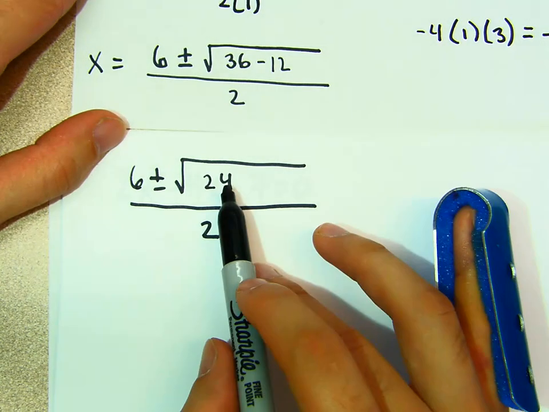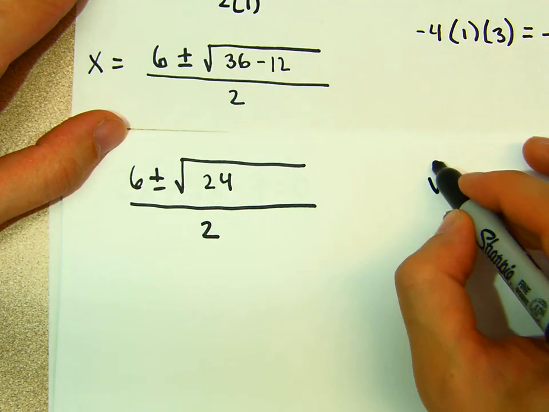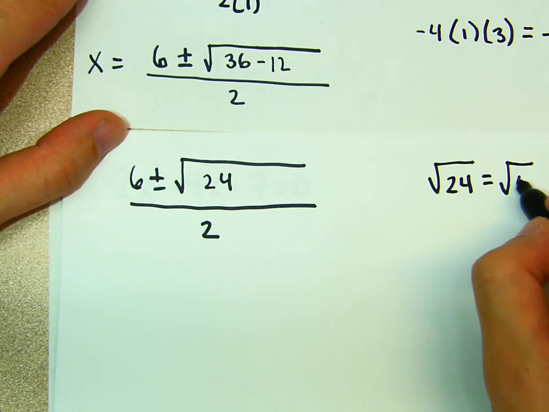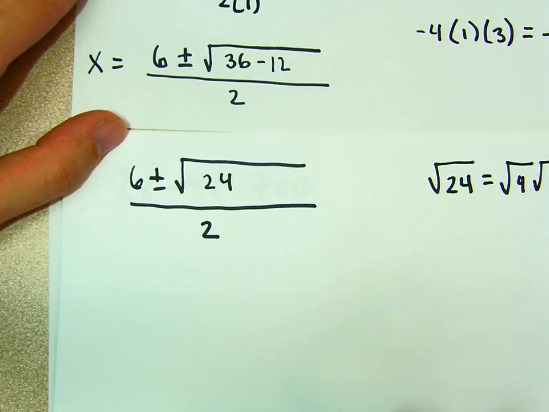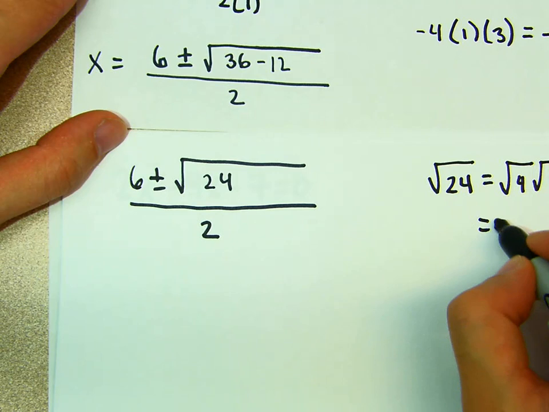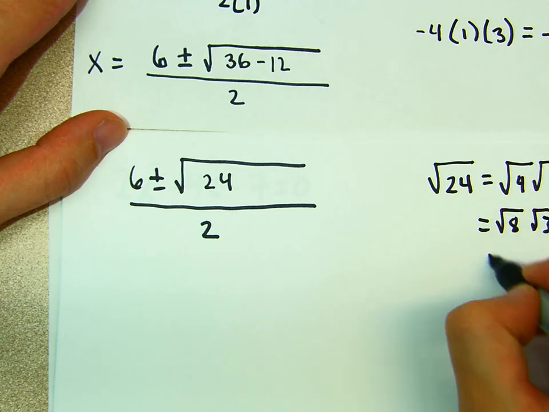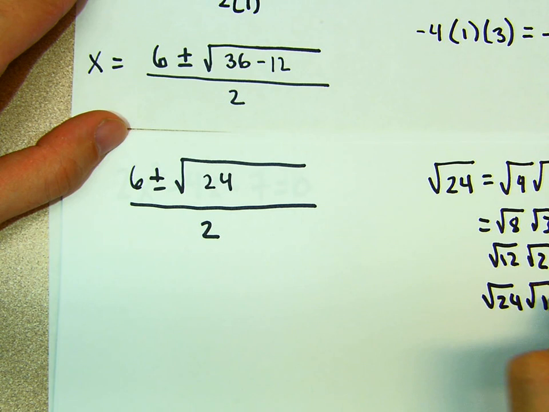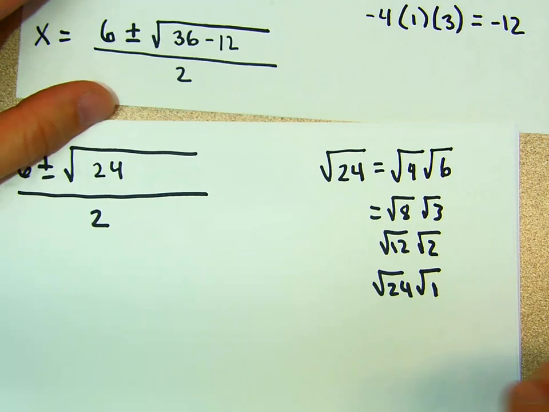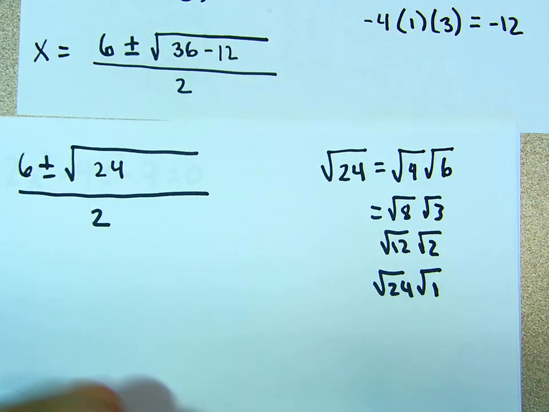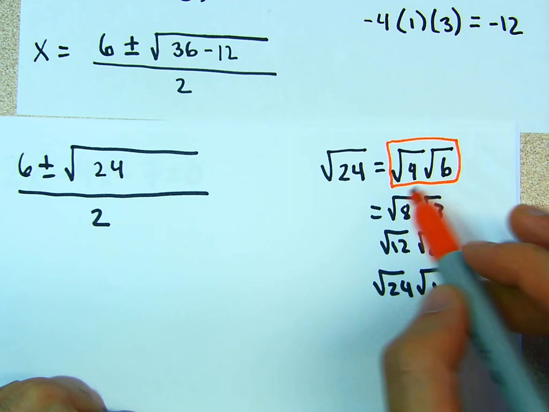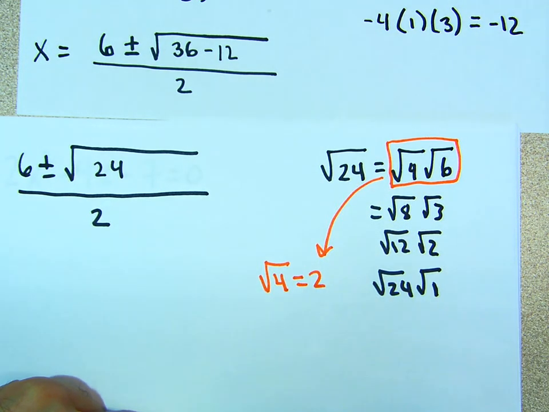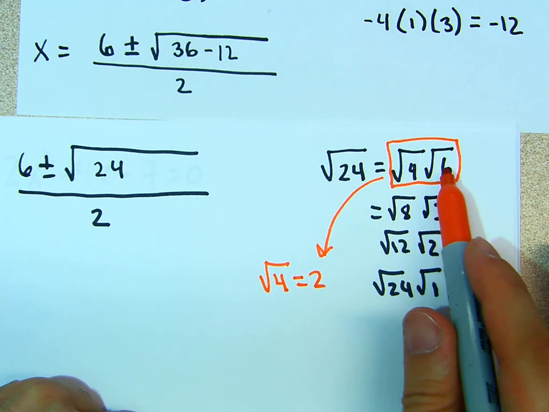Now the thing that's a little bit tricky is, how do I simplify the square root of 24? It's equal to the square root of 4 times the square root of 6. I could also use the square root of 8 and the square root of 3, or the square root of 12 and the square root of 2, or the square root of 24 and the square root of 1. But remember, I want to use this one because I can simplify the square root of 4, that's equal to 2, and the square root of 6 stays the same.